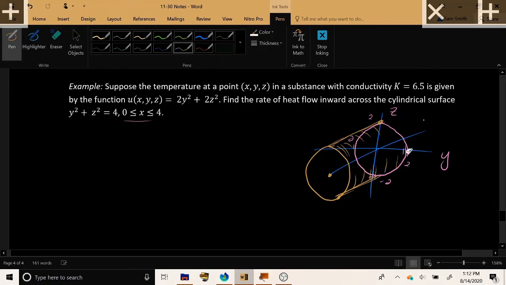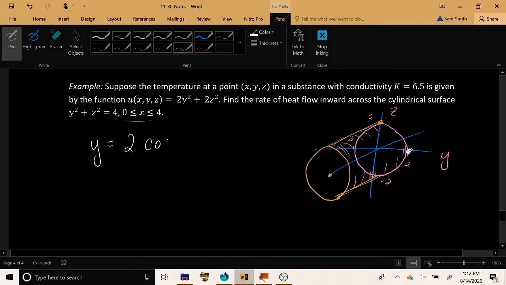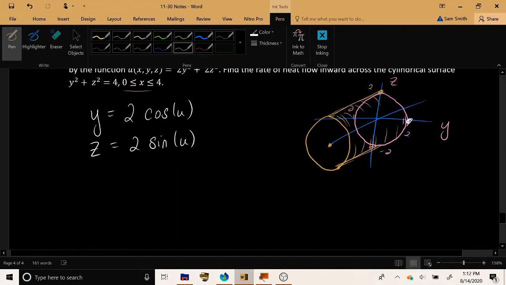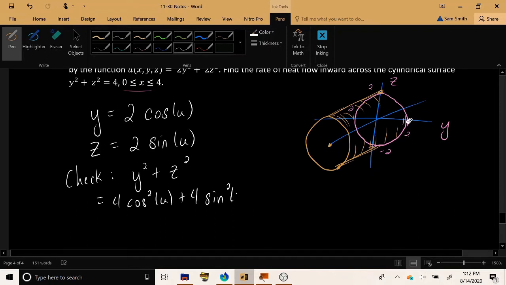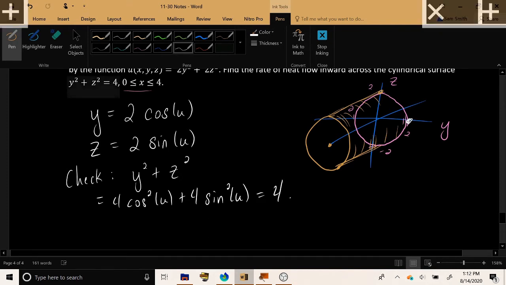So, for example, we could let y equal the radius cosine u, and we can let z equal the radius times sine of u. And then we can check that with these parameterizations, y squared plus z squared would be 4 cos squared u plus 4 sine squared u, which would be 4. So that satisfies the first condition.